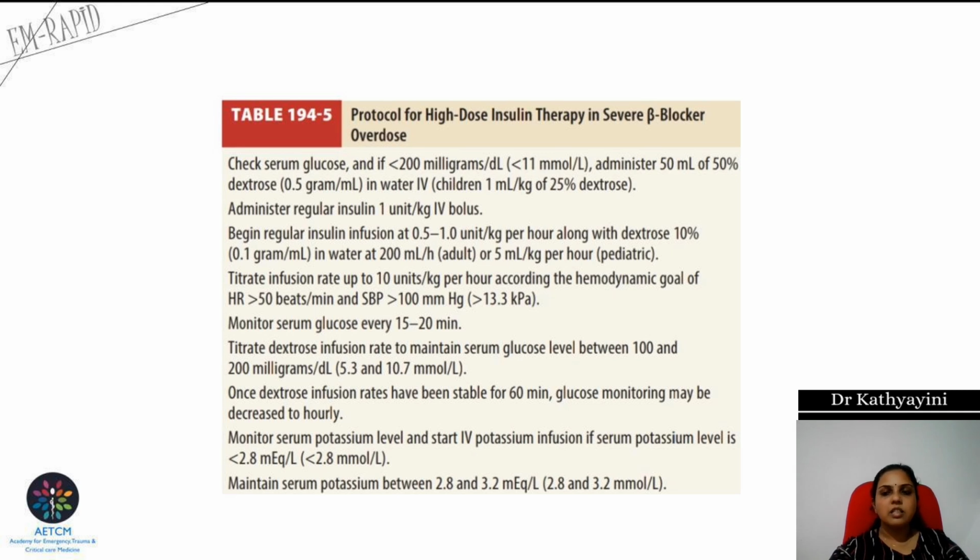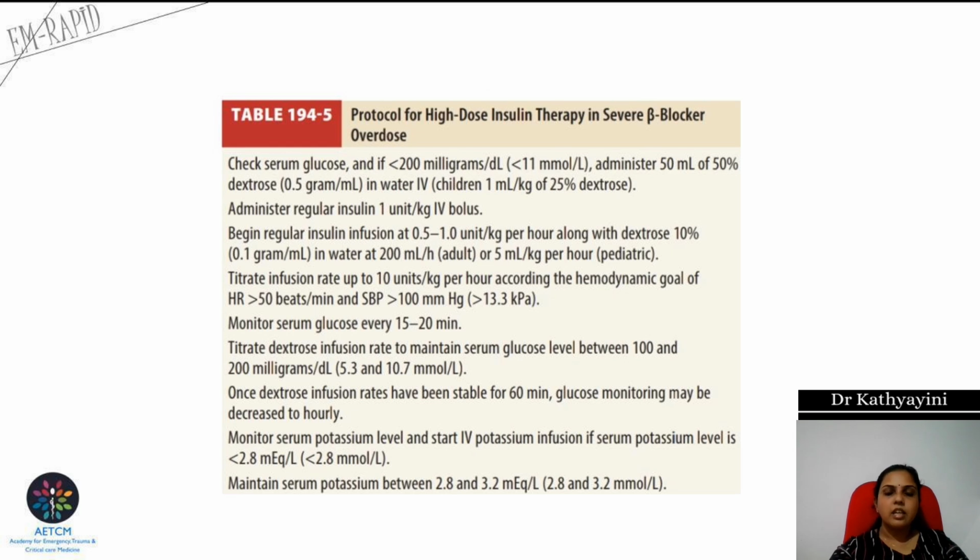Simultaneously, we'll start a 10% dextrose infusion at the rate of around 200 ml per hour. Then we have to titrate the insulin and the dextrose infusion so as to reach our hemodynamic target. We have to check the GRBS every 15 to 20 minutes and maintain it between 100 to 200.